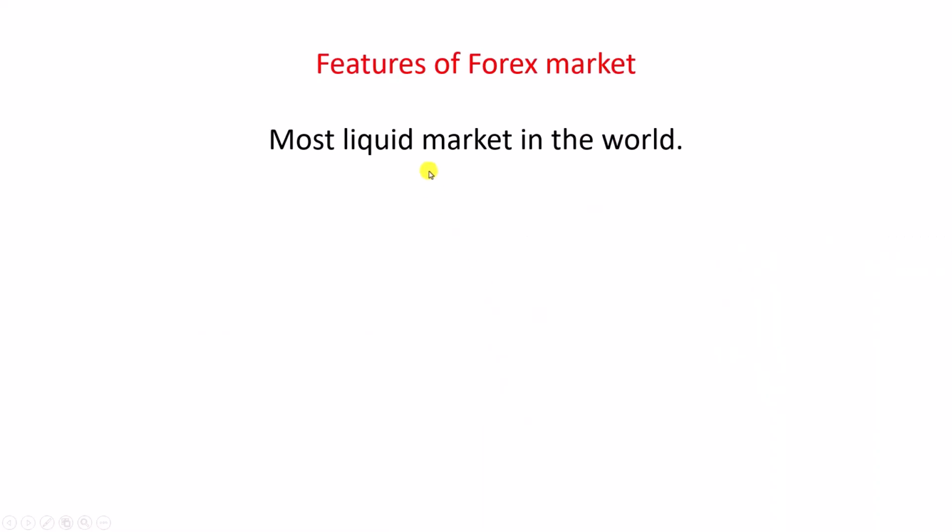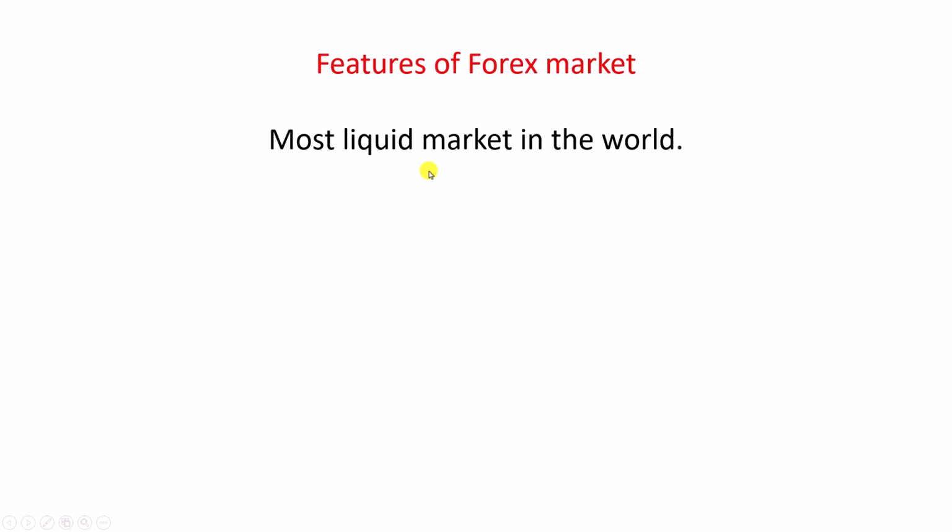The Forex market is the most liquid market in the world. Now, what do you mean by liquid? It means that a lot of transactions happen in the world of Forex. The last time I checked, it was around $7 trillion per day.